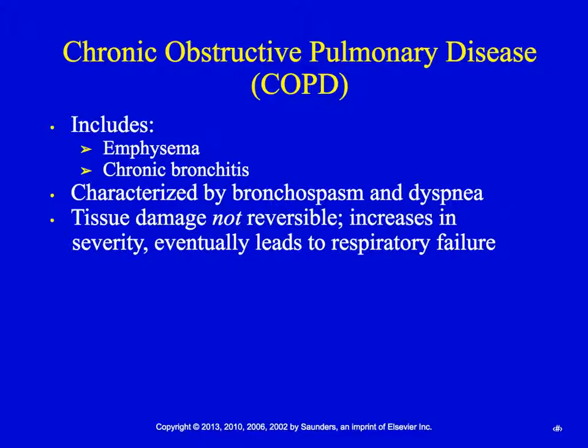Again, this tissue damage is not reversible. It increases in severity, and it can eventually lead to respiratory failure. So our goal for these people is aimed at slowing the progression and maintaining quality of life.